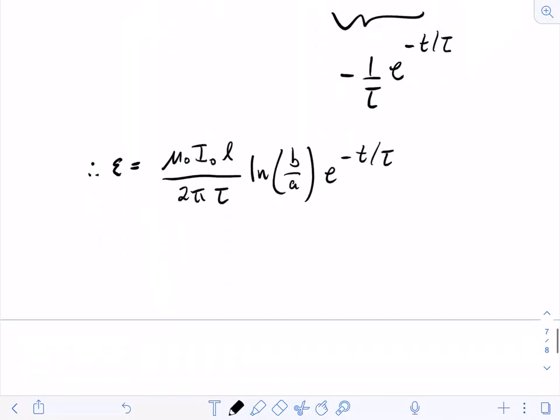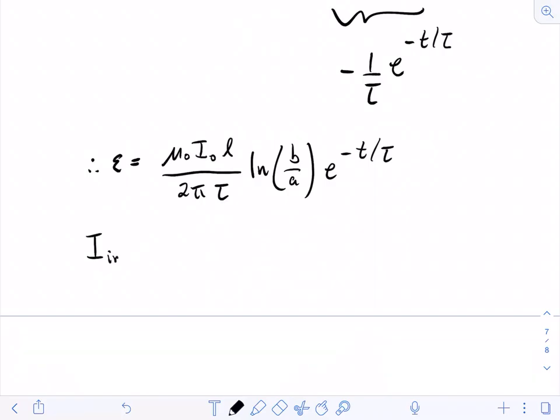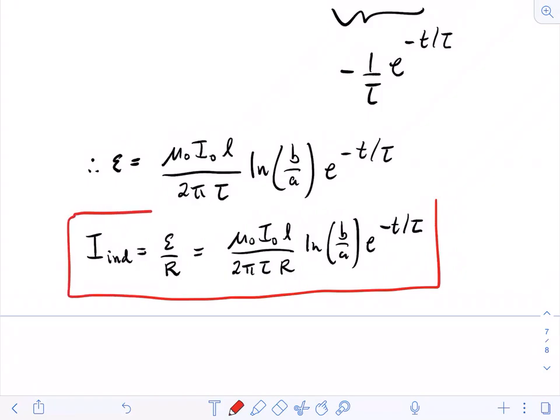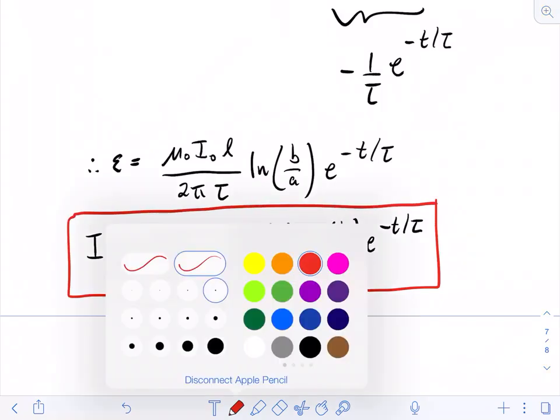And so finally, the induced current is the EMF divided by the resistance. If we wanted to write all of that out, we'd have mu naught I naught L over 2 pi tau R, with an R in the denominator, ln B over A, e to the minus t over tau. So we would get an exponentially decaying induced current.